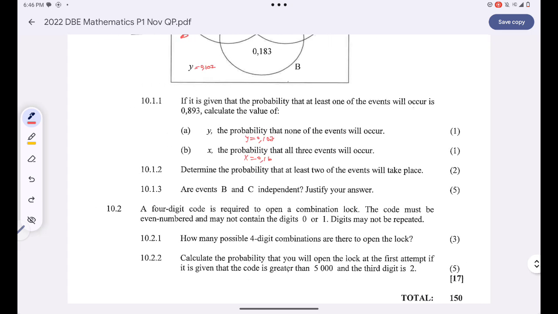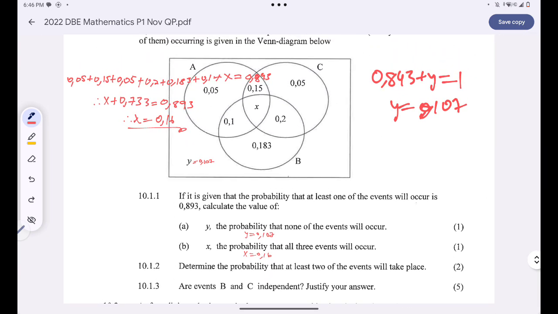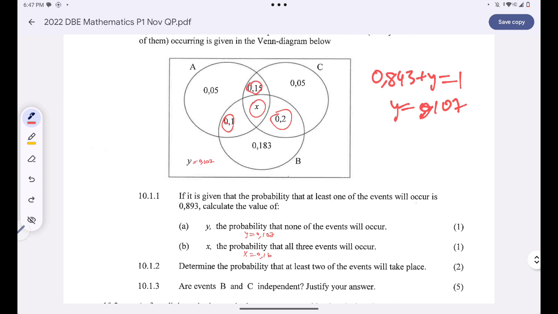Okay, now I'm supposed to determine the probability of at least two events occurring. At least two events occurring, I will simply look at the combinations only. Are you together? So I'll take this probability plus this one, and that one.